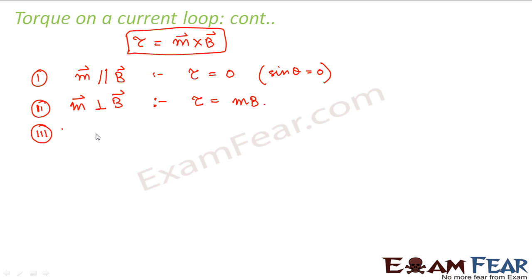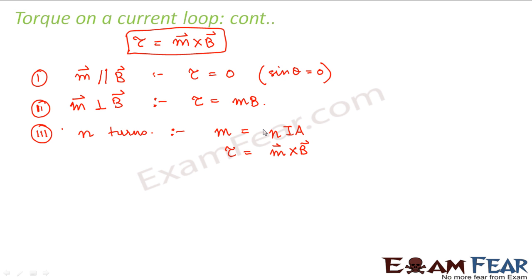Now, if the rectangular loop has n number of turns, the magnetic moment, which was earlier defined as current into area, becomes n into current into area, that is, number of turns into current into area. Therefore the torque is still m cross B, and the torque also increases by n times.